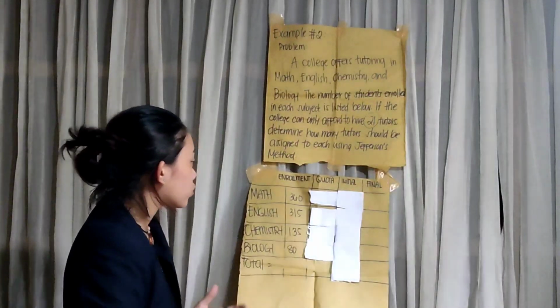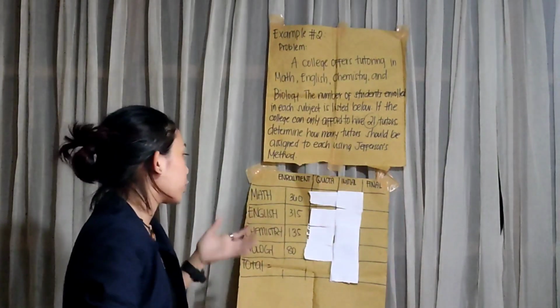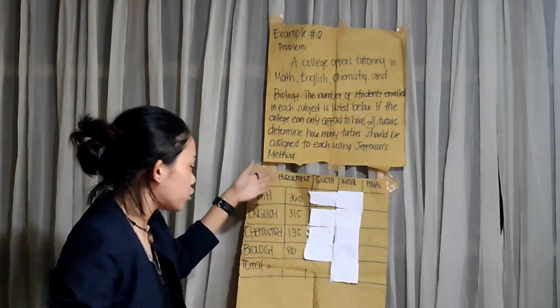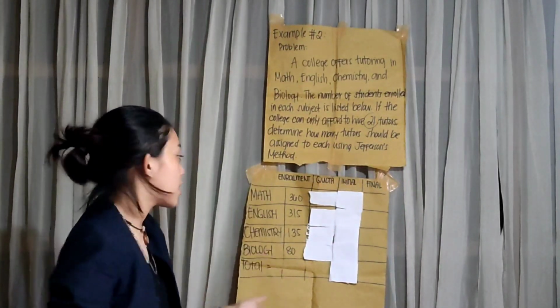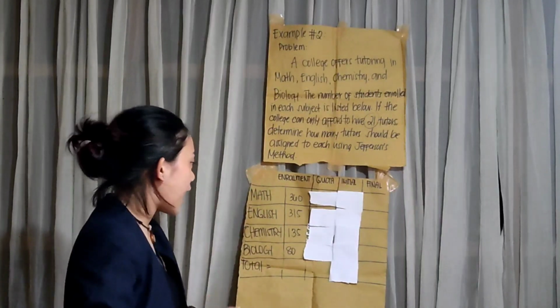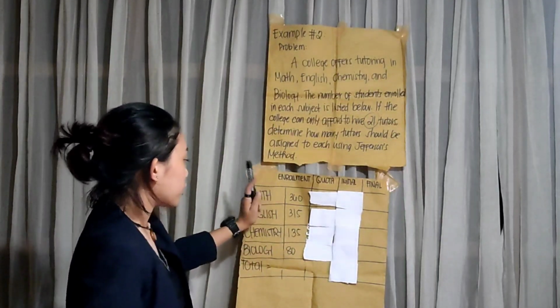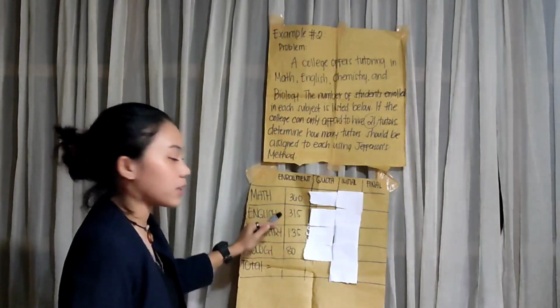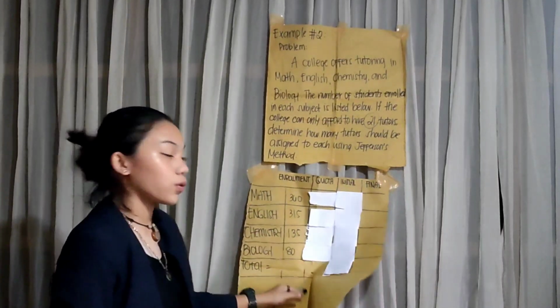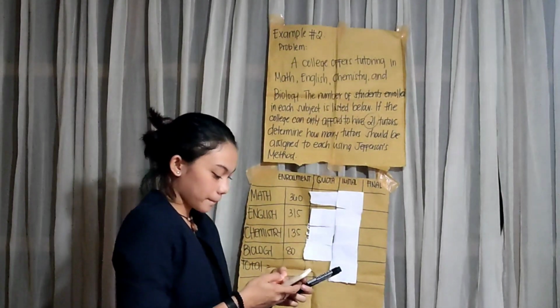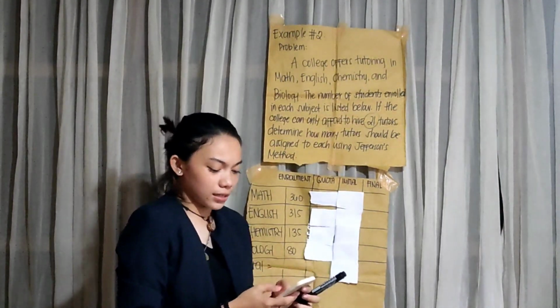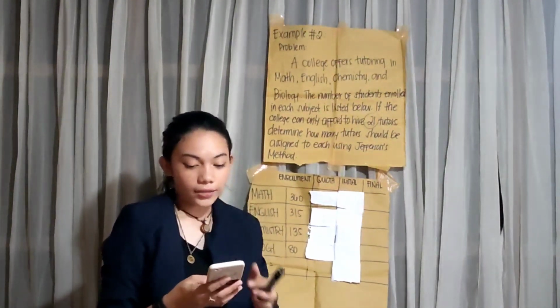To get our total enrollment, you just have to add these numbers. I'm sorry, I don't have a calculator because mine was broken, and my alternative is just my phone.